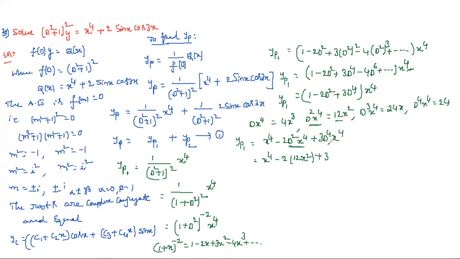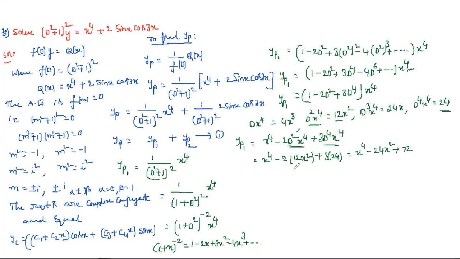Plus 3 into D^4 x^4, which is 24. So simply what we got is x^4 minus 24x^2 plus 72.